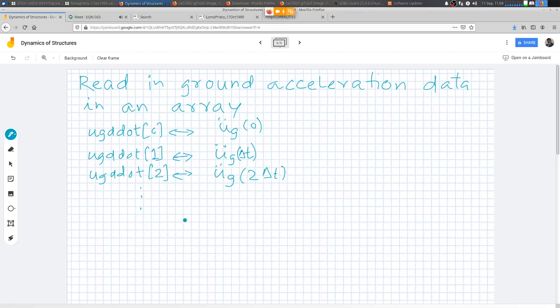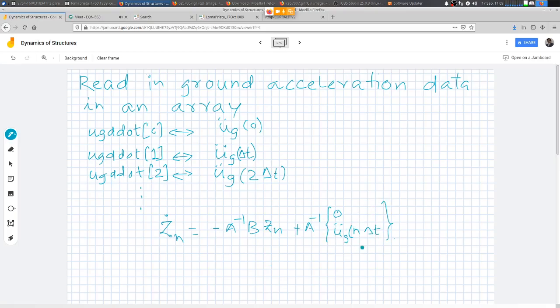So at every time instant you have Zn plus 1 equal to some function, let's say minus A inverse B Zn plus A inverse 0 UG double dot at n times delta t. This is what you are solving.